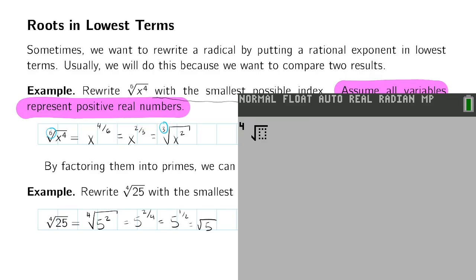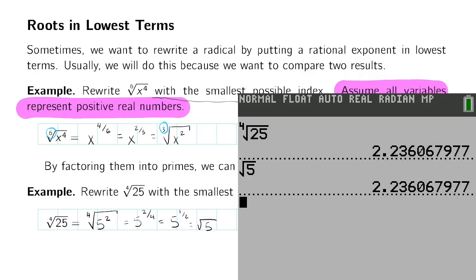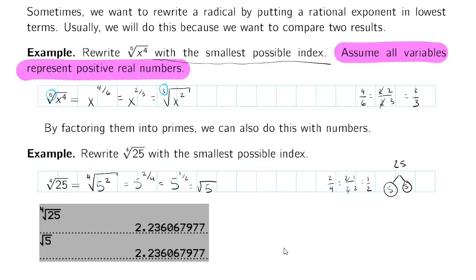Say the fourth root of 25. That's 2 and a bit. Say the square root of 5. That's the exact same decimal. So throwing that into the calculator, we can see that that really does work. The fourth root of 25 is equal to the square root of 5.